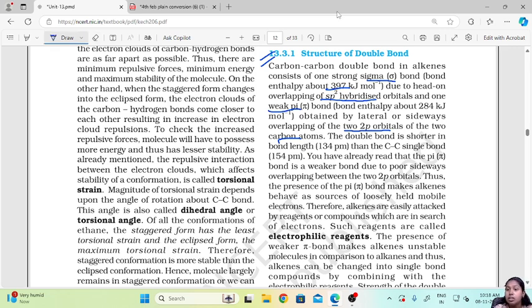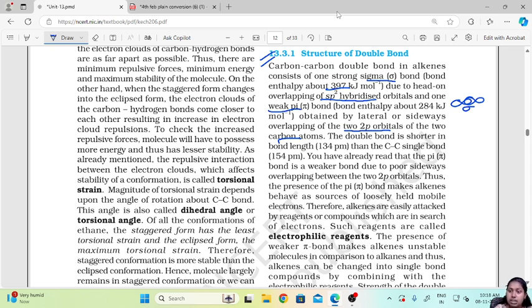Your sigma bonds are formed by head-on overlapping. Now this is the sp2 hybridized carbon, again this is another sp2 hybridized carbon. Now both of the sp2 hybridized carbons are overlapping head-on with each other. This forms a sigma bond.